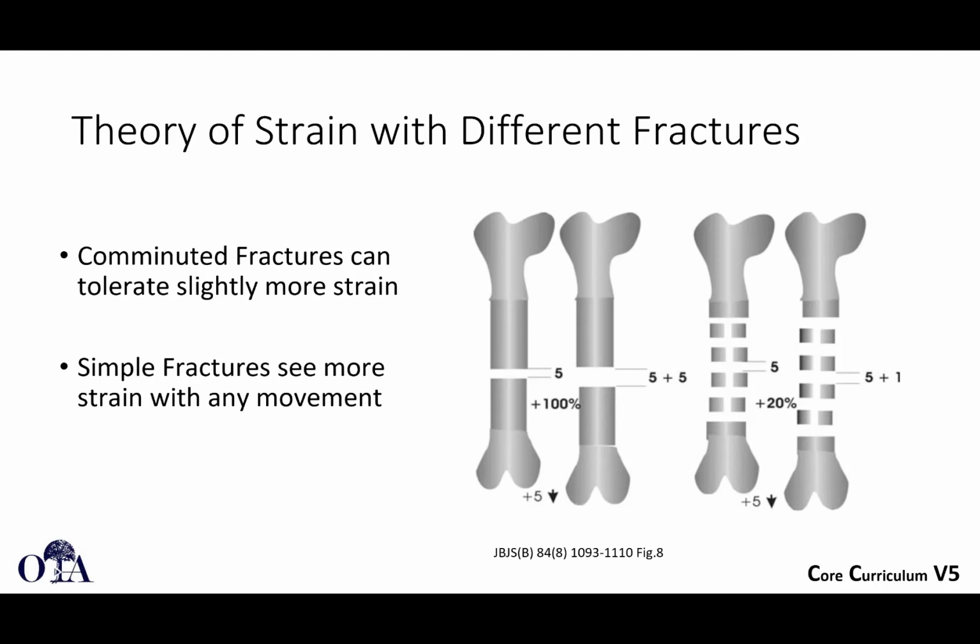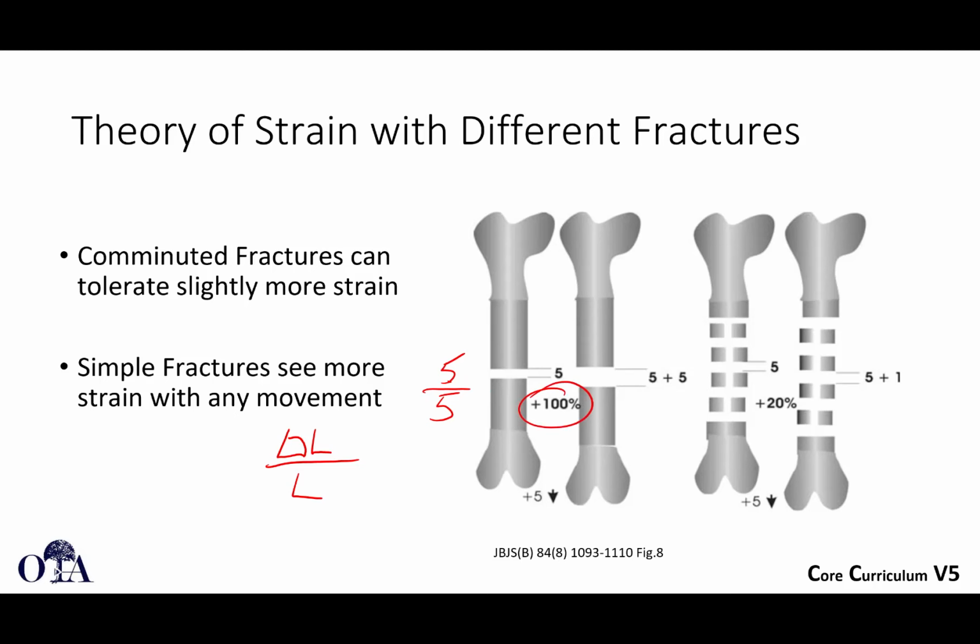So imagine you have a gap, and remember, strain is change in length over length, right? So if you have a gap where the length here is 5, and the change in length is 5 as well, then the strain is 100%, right?